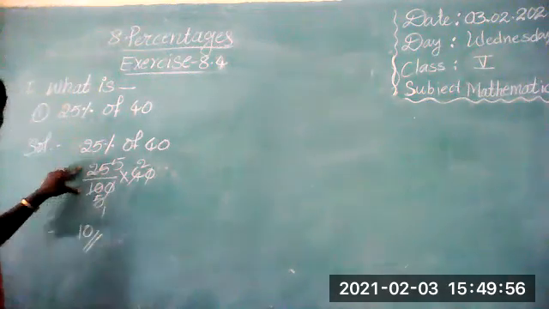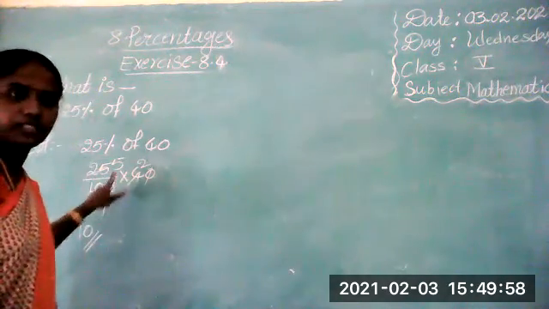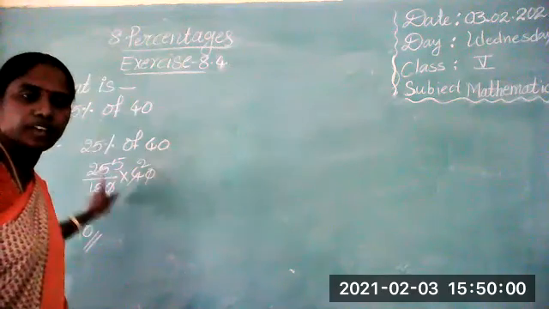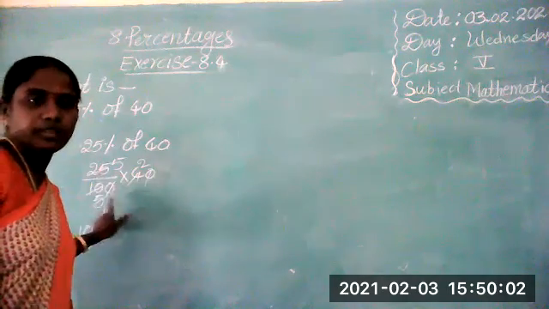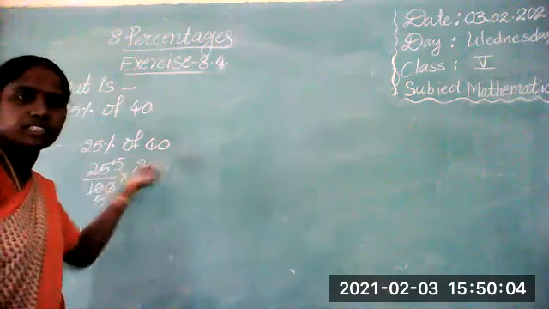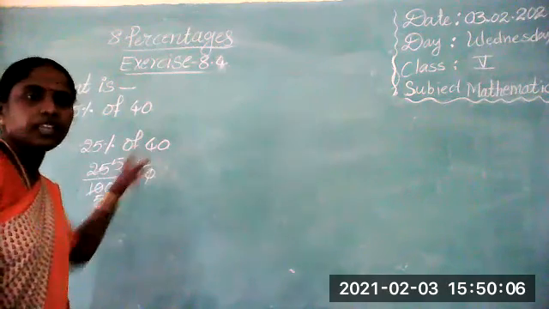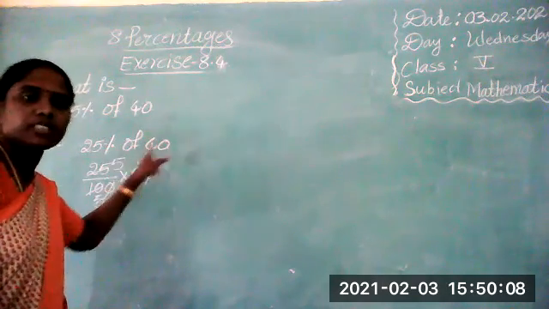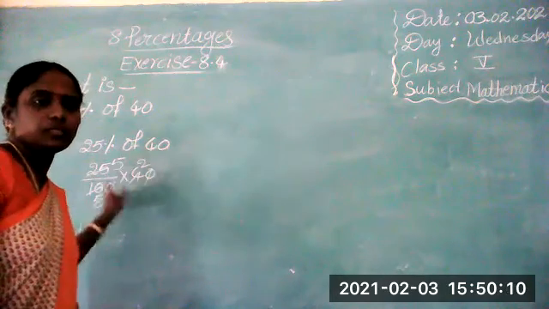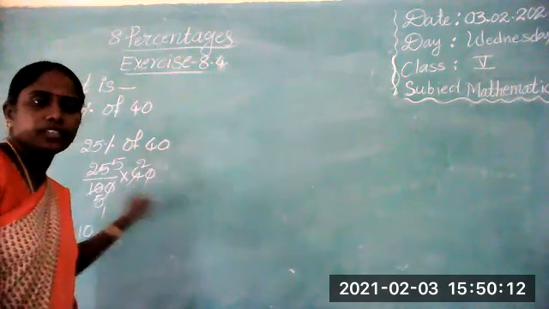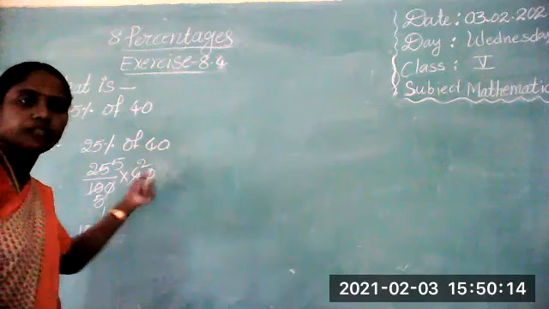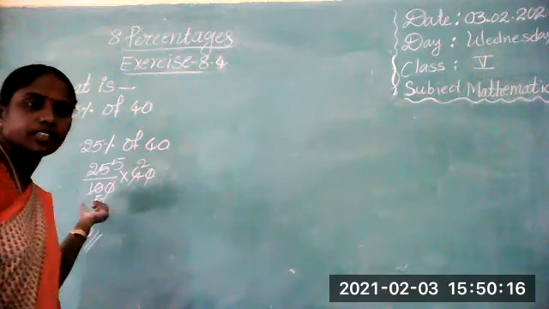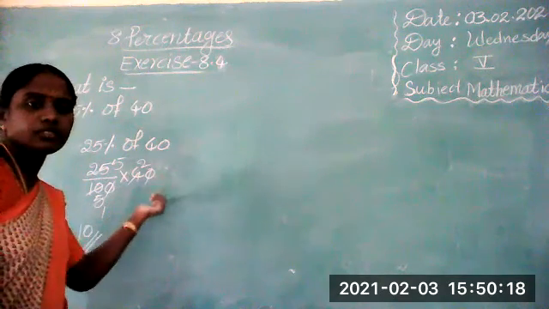Did you understand? Once again, I will explain. Listen carefully. 25 by 100. 25% we have to write in fraction form, 25 by 100. 25% is nothing but 25 by 100 into 40. 25% of 40 is given here, so multiply by 40. Now simplification. In 40, 0 is there, and in 100, 2 zeros are there. 0, 0 cancel.